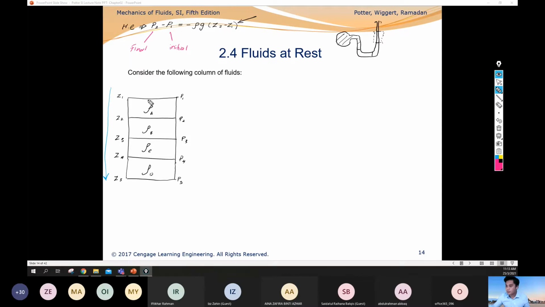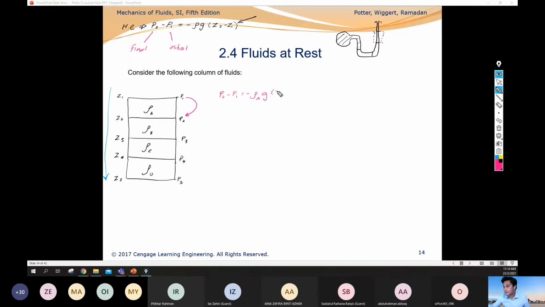All right, so we start from P1, go to P2. So P2 minus P1 equal to negative rho A, because we go through liquid A, that is why rho A.